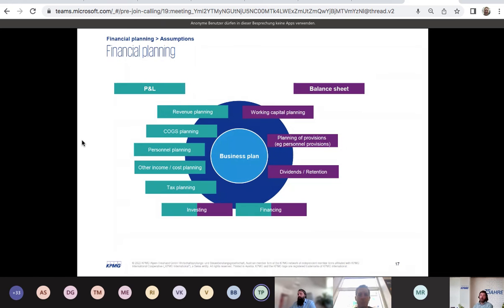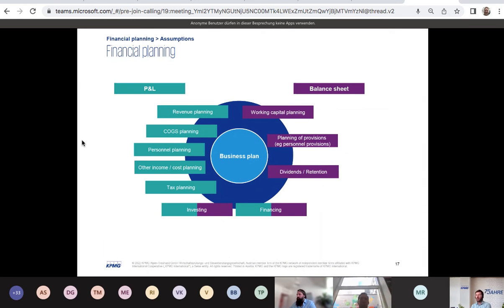For example, here on the profit and loss statement side, you would have, yes, top line item, the revenue planning, of course. Then you would have your cost planning: cost of goods sold, personnel costs, other costs, maybe taxes. That's basically the profit and loss side.